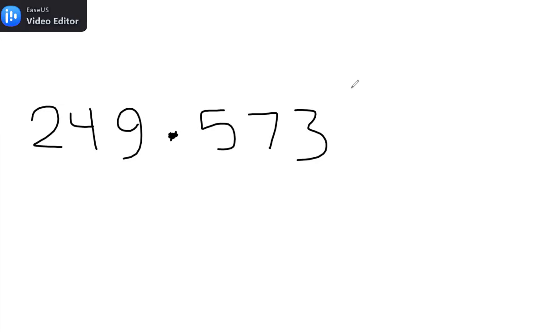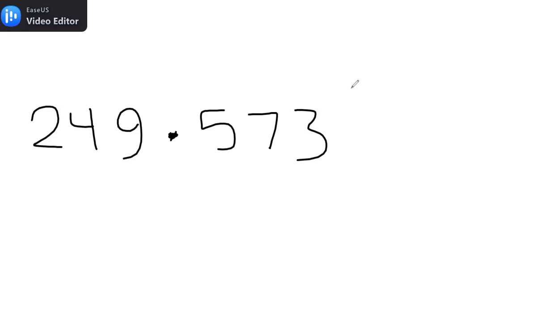Reading it as 573,000 is not correct. The better way is to read this number as 249.573, or we can read it as 249 and 573 thousandths.